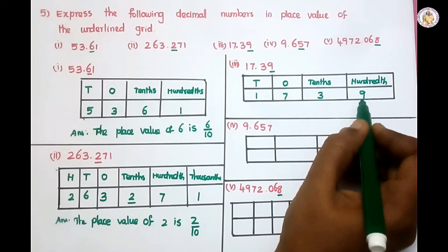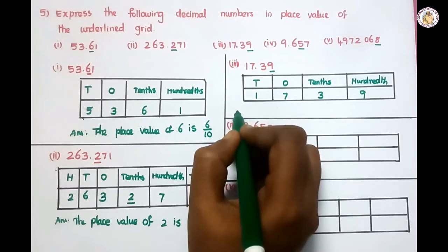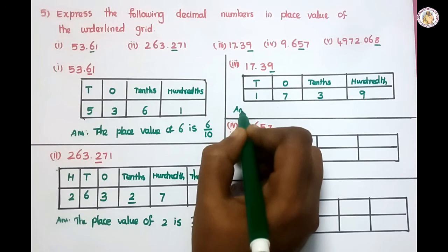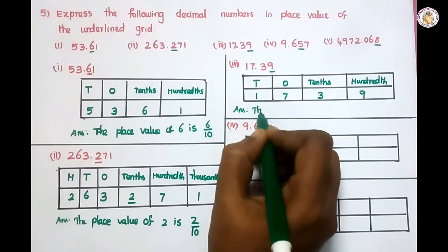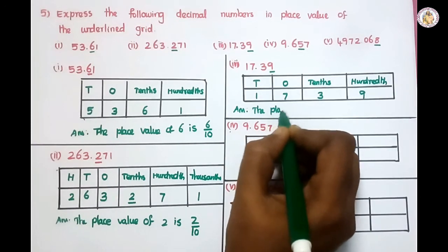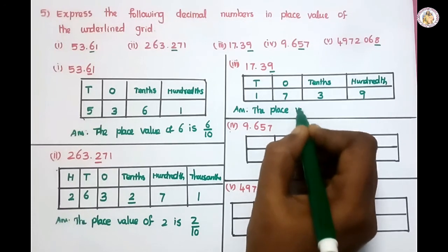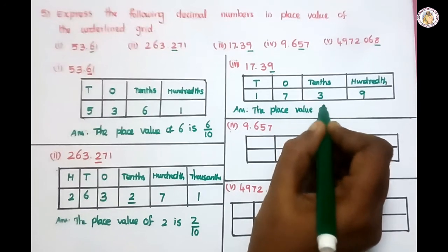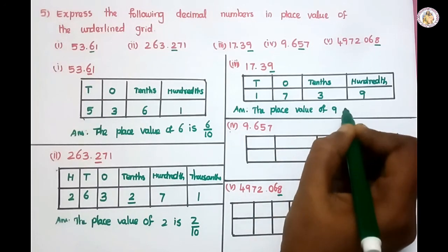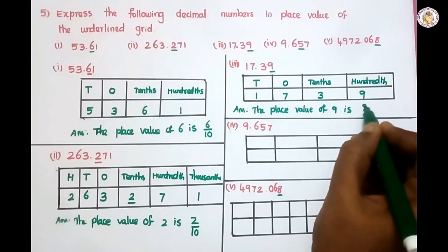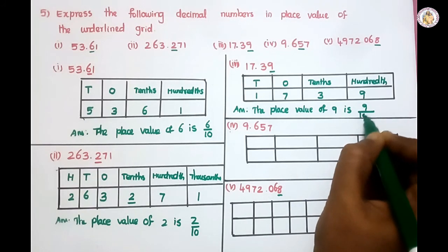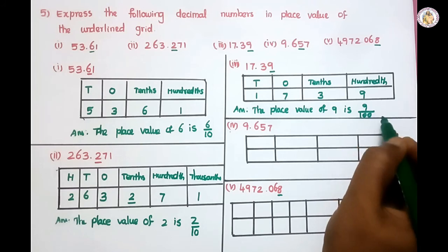What is the place value of the 9? The place value of 9 is 9 by 100. That is the answer.